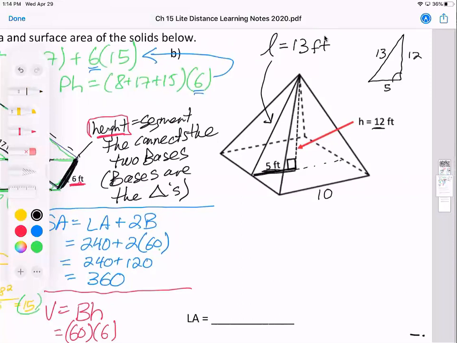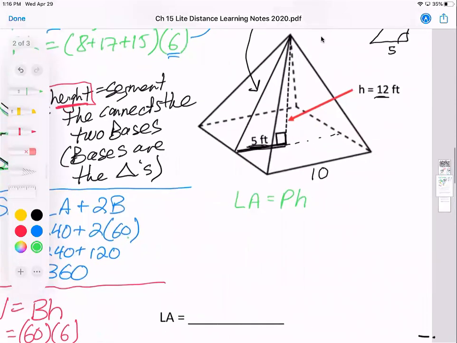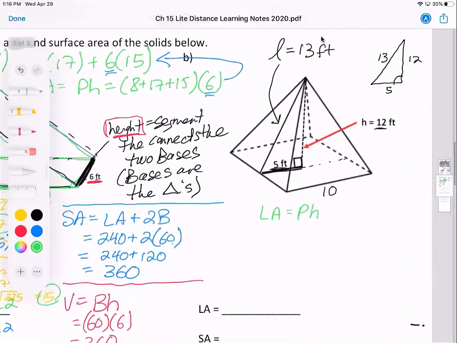Okay, so in this pyramid, if we were to find the lateral area of a pyramid, it is the perimeter of the base times the height of the pyramid. Oh, sorry, it's the slant height of the pyramid.